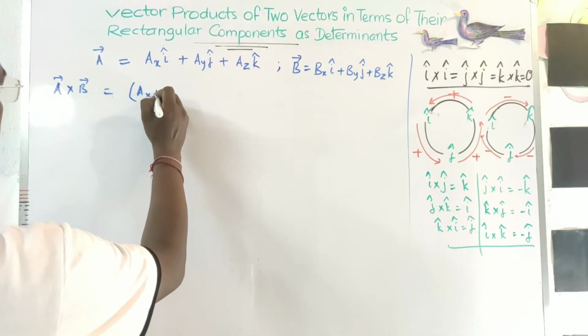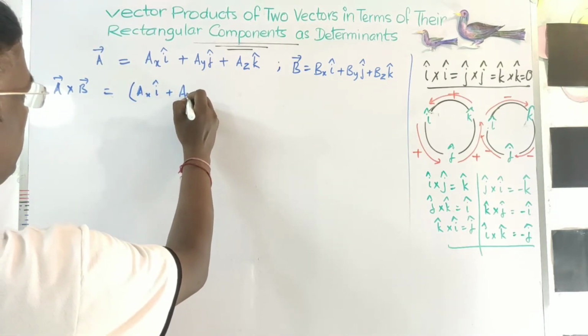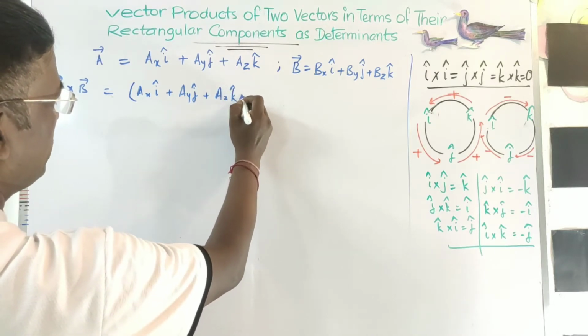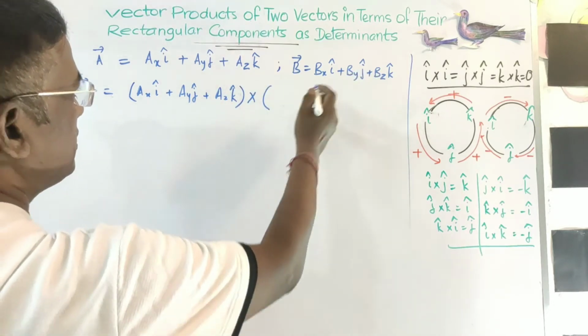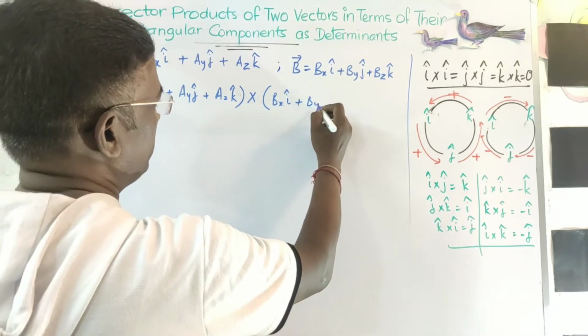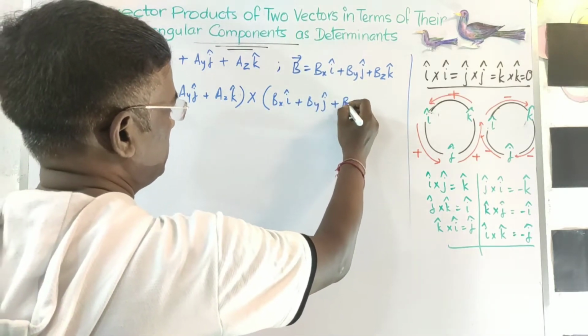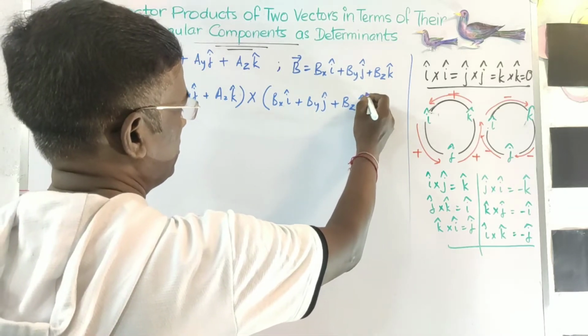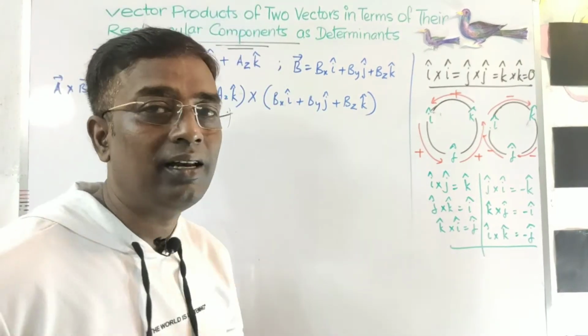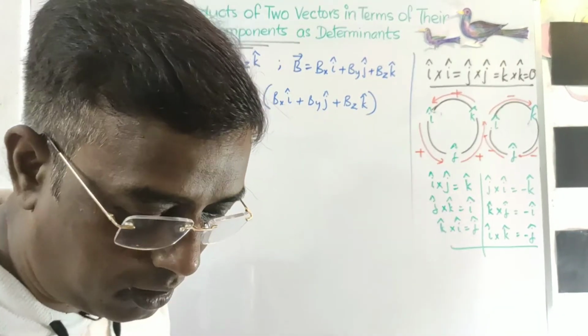Now the cross product of these two vectors can be easily written as, in bracket, Ax i plus Ay j plus Az k, cross, then the complete thing Bx i plus By j plus Bz k. Don't forget to put the cap on the unit vectors and need to be a little relaxed also while solving.